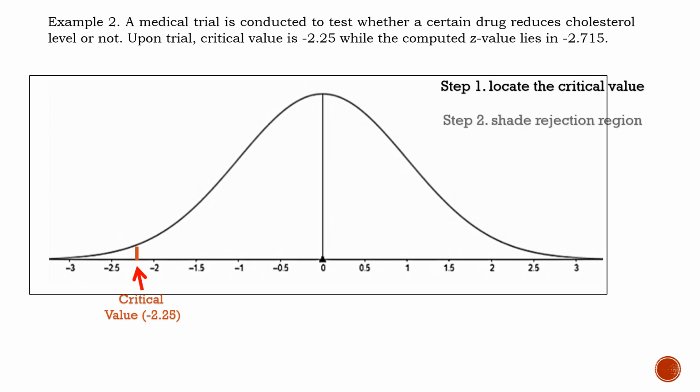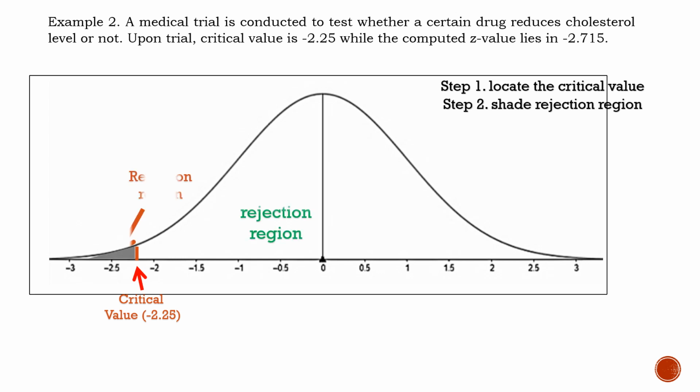And step number 2, we have to shade the rejection region, and that is our rejection region, and the rest of the graph is the non-rejection region. Step number 3, we have to locate the computed value.